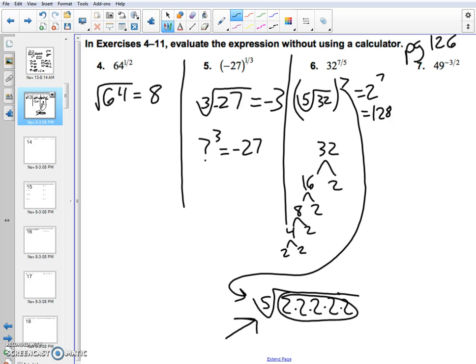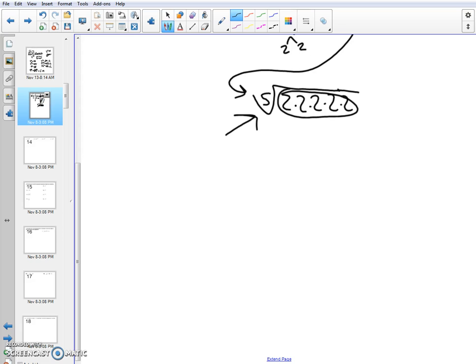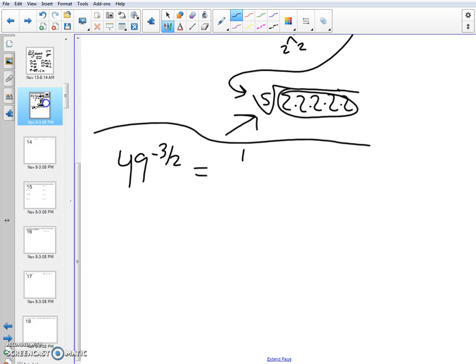Sometimes that won't always happen. Let's look at number 7 then, 49 to the negative 3 over 2. I'm just going to bring it down here so I have some more room. Okay, so a negative exponent, this is something you saw way back in Algebra 1. You may remember a negative exponent basically just means if something's in the numerator, it needs to go into the denominator. So this is like saying 1 over 49 to 3 over 2.